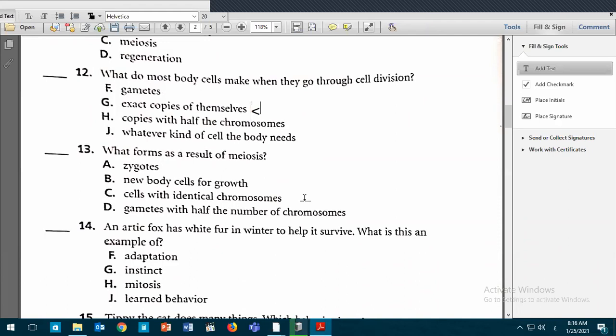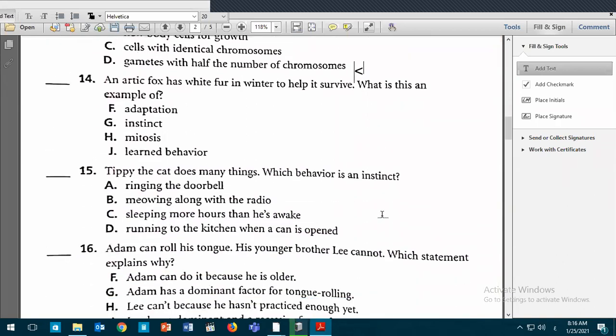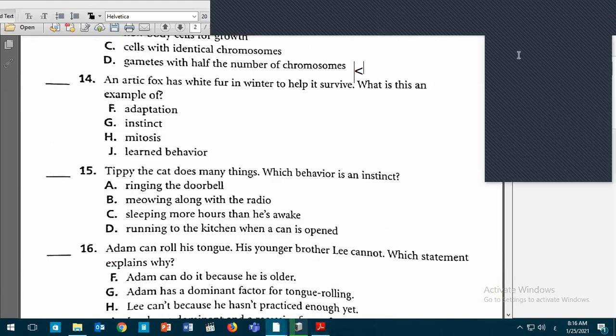In order to make a seed, we need pollen to join the egg. If you remember this from last year, those are called sex cells, and those are formed by another process called meiosis. So this one is going to be D. We're not going to go through it in a lot of detail because you're studying this next year, inshallah.